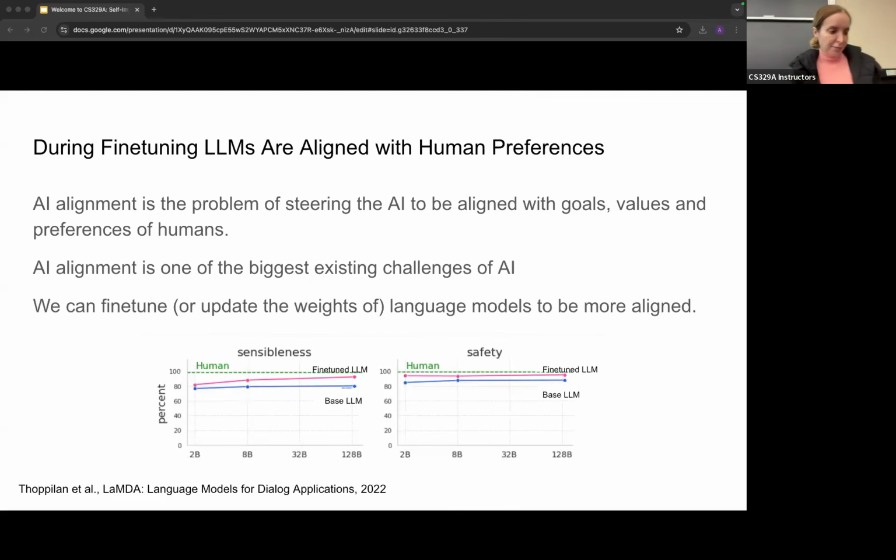One of the things that we want during fine-tuning is alignment of the models with human preferences. So AI alignment is the problem of steering the AI models to be aligned with the goals of humans, and we want the AI to generate responses that are sensible and preferred by humans that use the AI.